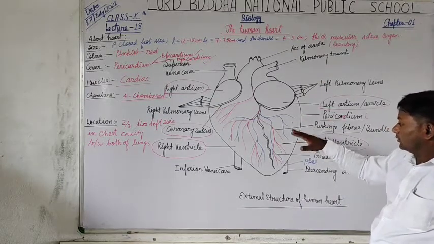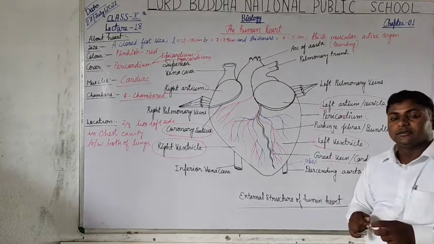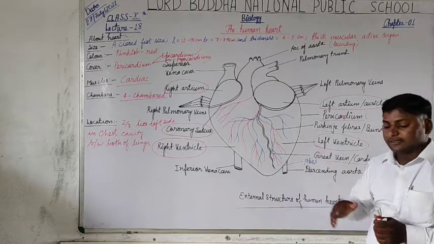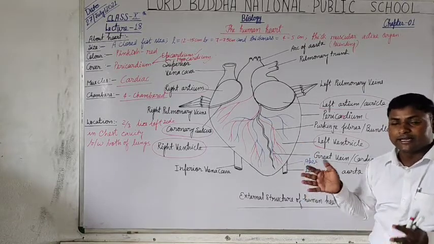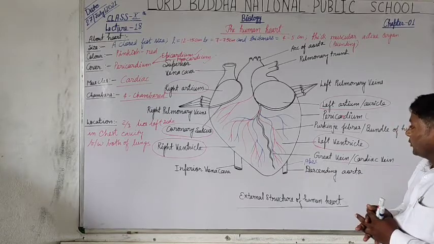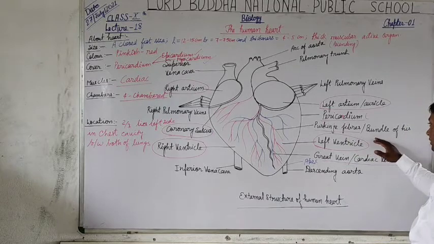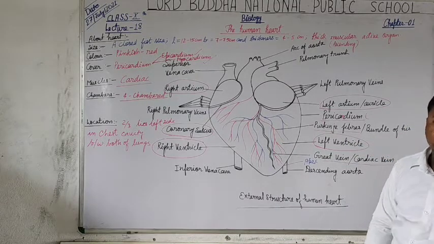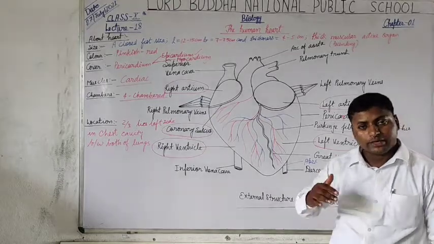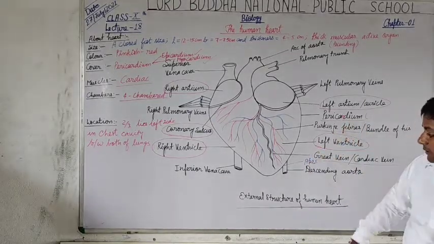Overall, the vessels which densely cover the wall of the human heart are called Purkinje fibers or bundle of His. They are also known as bundle of His or Purkinje fibers.